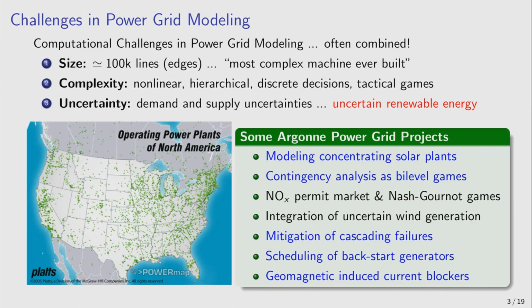And then very recently we looked at geomagnetic induced current blockers. So if there are solar storms, depending on the direction and intensity, when a solar storm hits the surface of the Earth, it generates a magnetic field.